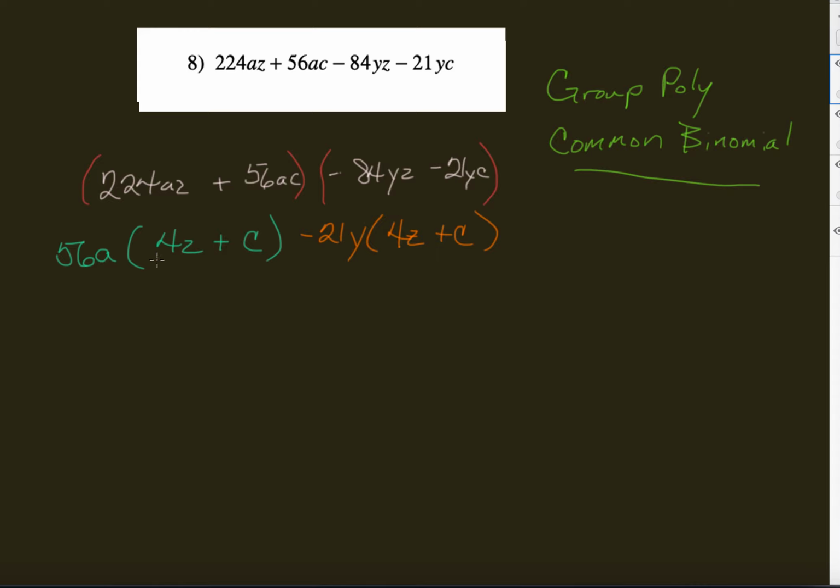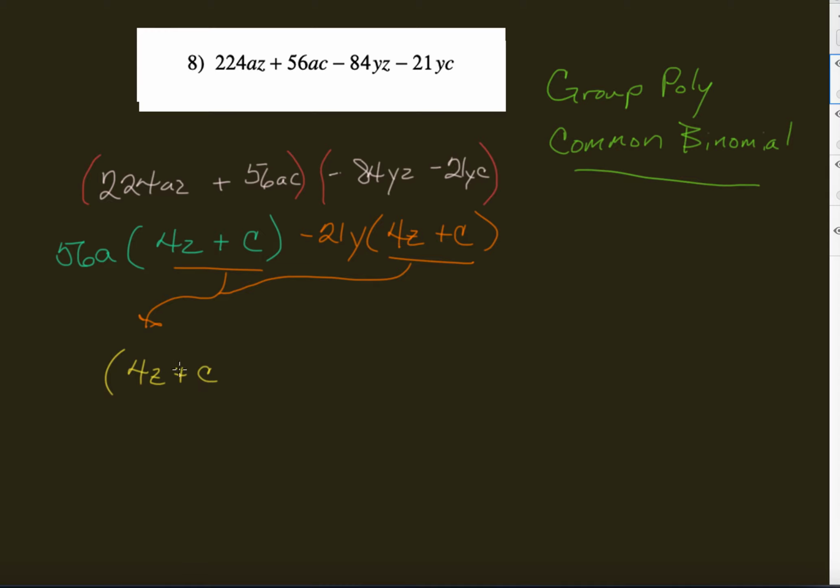All right? That's great. So if these two things are in common, we take them and put it here. So I have my common binomial right here, 4z plus c.